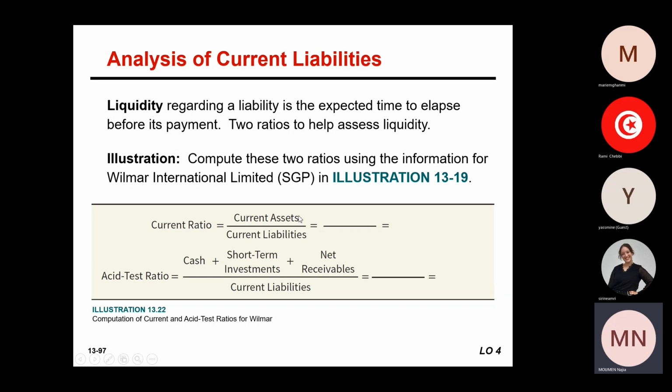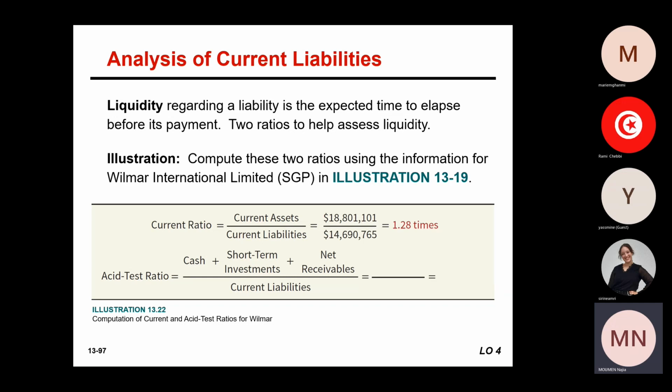The current ratio is the simplest ratio, where we divide the current assets over the current liabilities. We are measuring to what extent my current assets are able to cover my current liabilities. If we focus on the Wilmar International Limited example for 2015, we have a current ratio of 1.28 times.